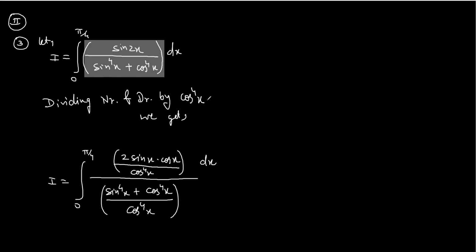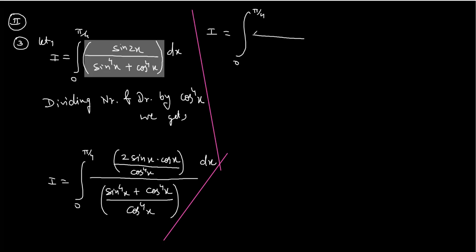Okay, now what will happen in the next step? In the next step, you will notice that it is 0 to pi by 4, and down here cos raised to 4, and here I have got cos x.